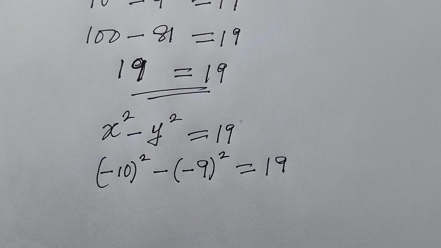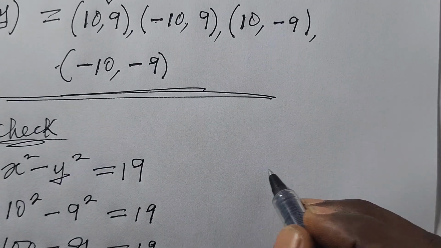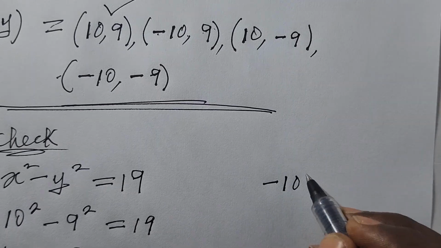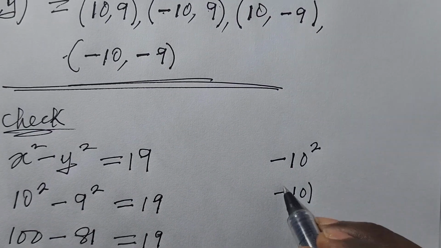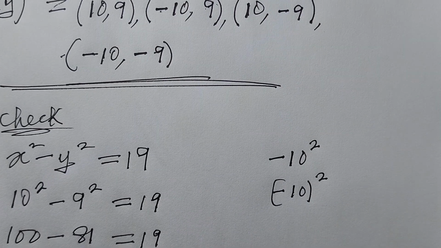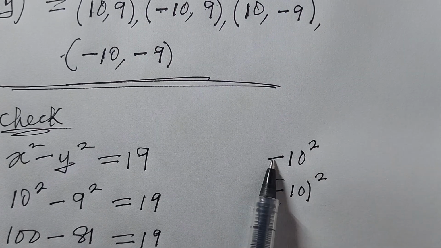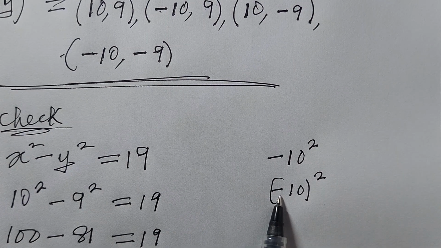There is a case scenario I have analyzed in one of my solutions: if you have (-10) all to the power of 2 and -10 to the power of 2 without brackets, these are two different expressions. Without brackets, the power is not affecting the minus, but with brackets, the power is affecting the minus.